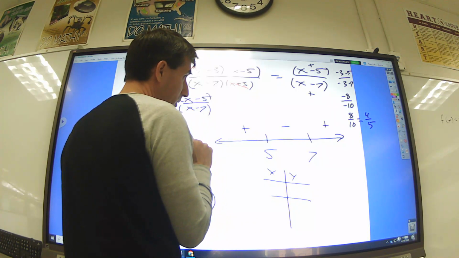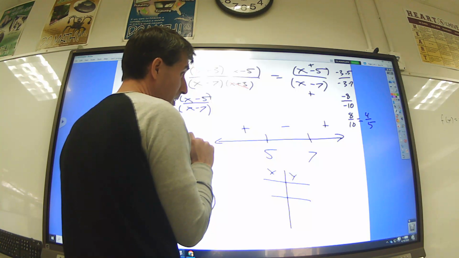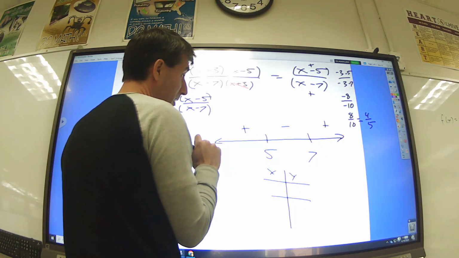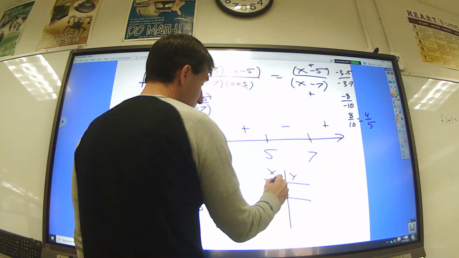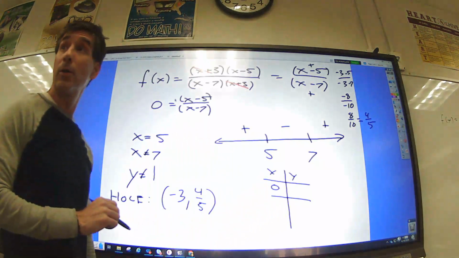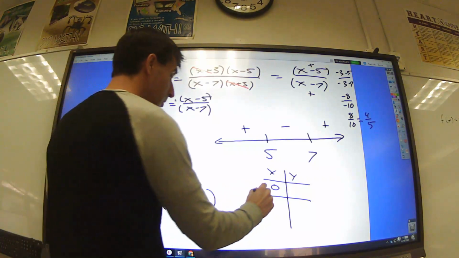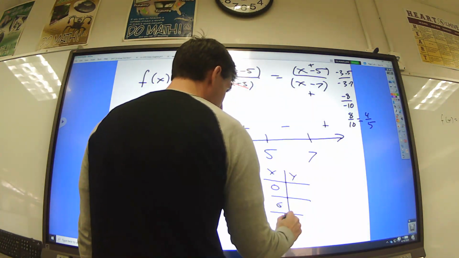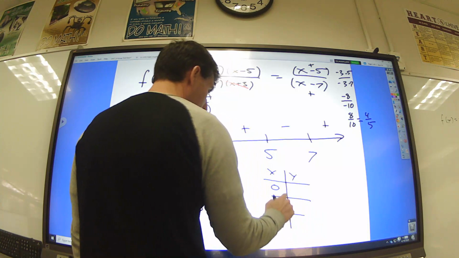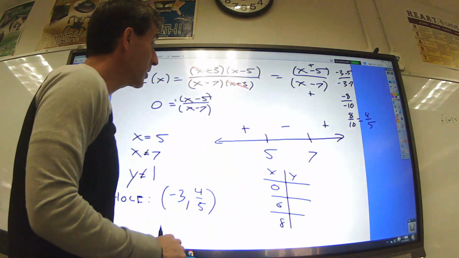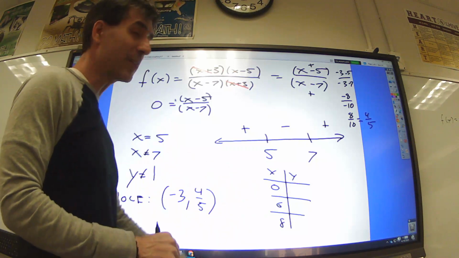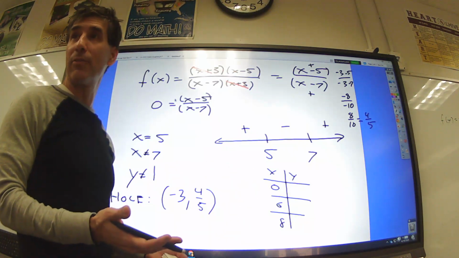Pick a point in between each asymptote. So let's pick 0. I'm going to do 0, I'm going to do 6, and I'm going to do 8. 0 for here, 6 for there, 8 for there. So then let's plug in those points, and then we have everything we need for our graph.